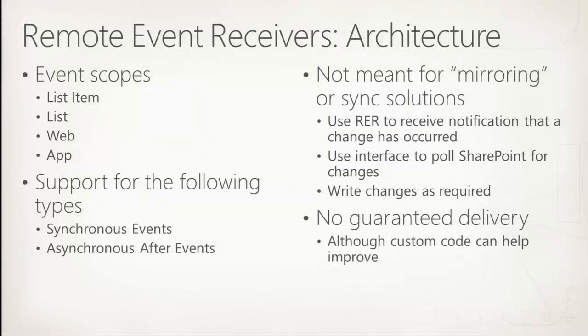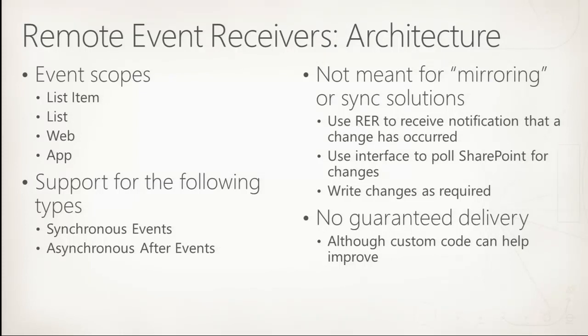We support synchronous and async events, and just to cover the stuff on the right-hand side of the slide, this is all about triggering notifications. This isn't intended to be a solution for syncing. So don't look at this for trying to keep two sources of data completely in sync all the time. It's much more about, hey, an event has happened in SharePoint, I want to trigger some logic over there.